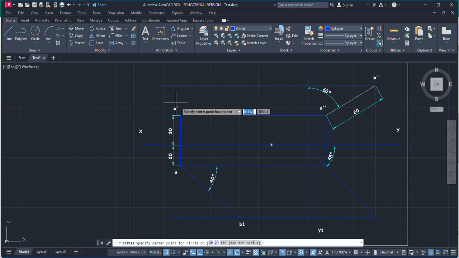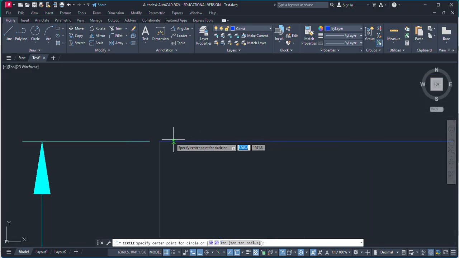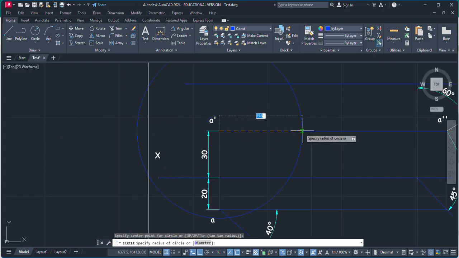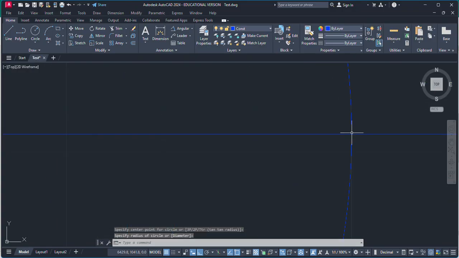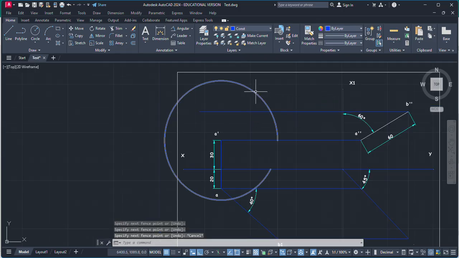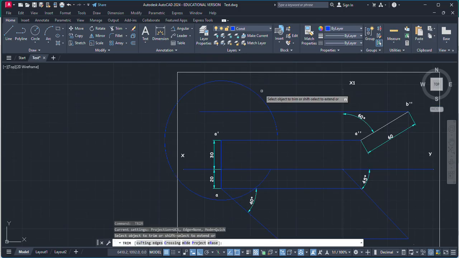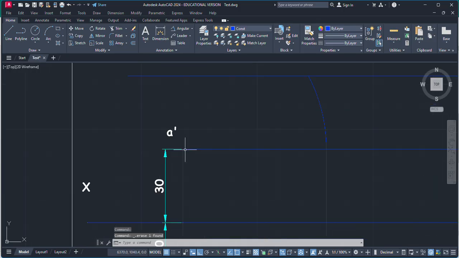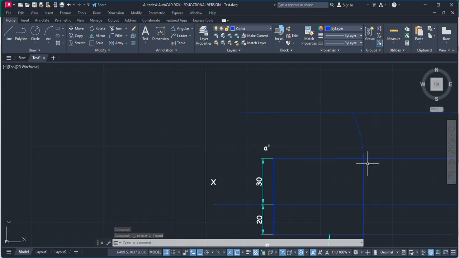So to create an arc, simply I am gonna create a circle. Take it as a center, and radius up to this point of intersection. So just going to remove this thing. I don't need this one, not this one, okay, and delete this thing. Select, delete. Now A dash as a center, radius up to this much.